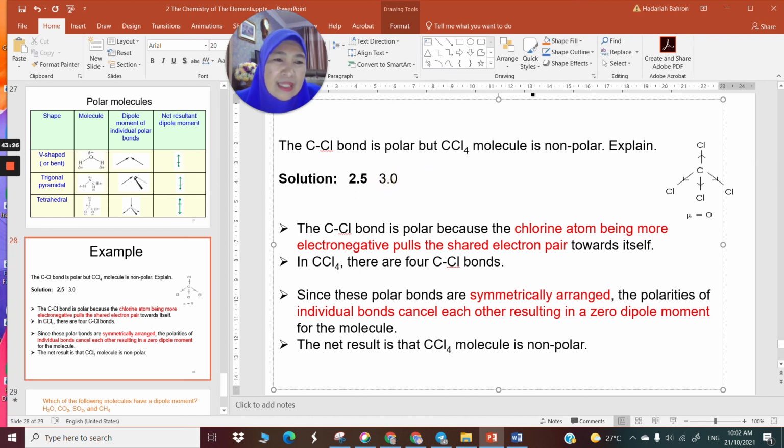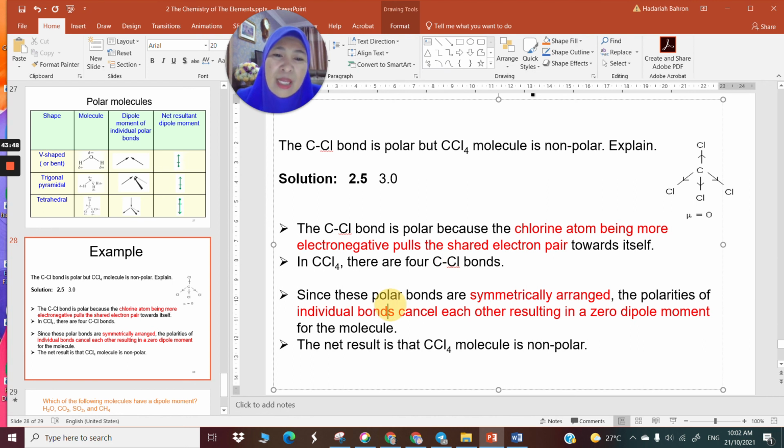So you know that this has a difference of 0.5. It's a polar bond. The C-Cl bond is polar because the chlorine atom is more electronegative, pulling the shared electron pair towards itself. But in CCl4, there are 4 C-Cl bonds.